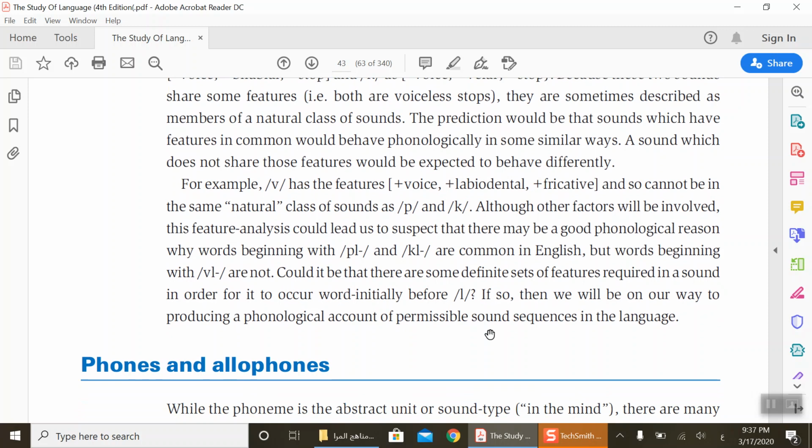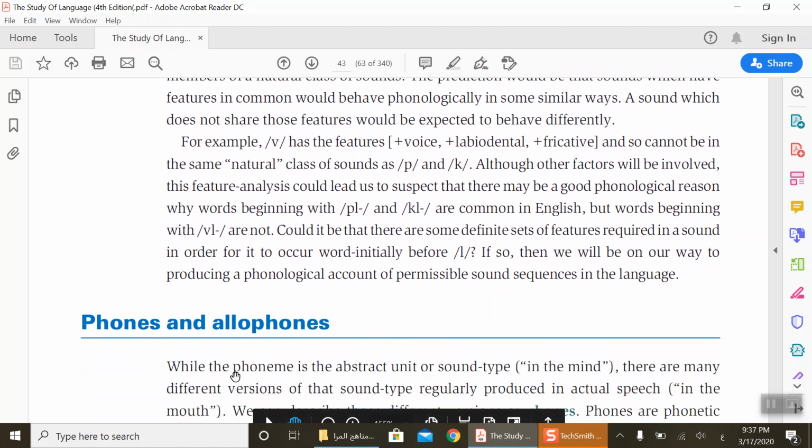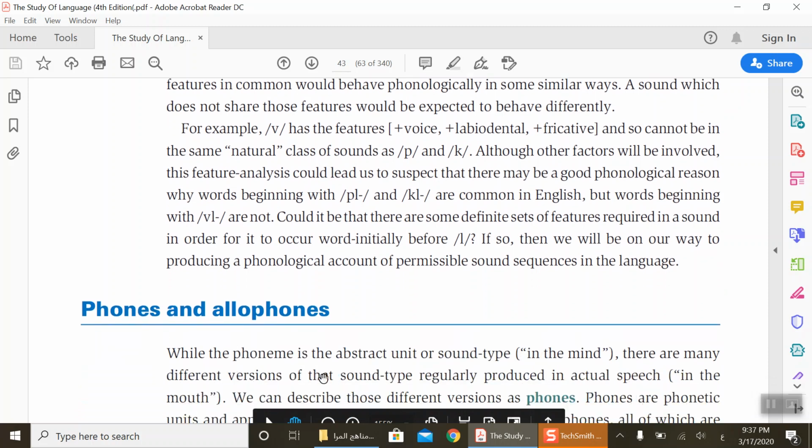We go to this title, phones and allophones, and see what the difference is between phones and allophones. The phoneme is the abstract unit or sound type in the mind. We talked about this point and said that it is something abstract, something mental inside the mind. This is the definition of phoneme.